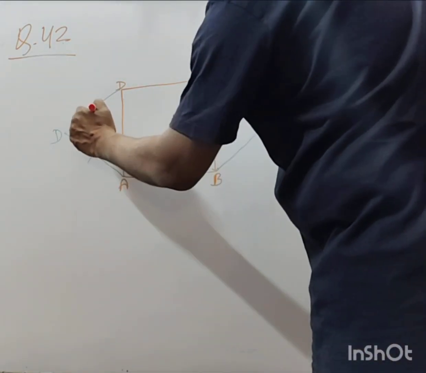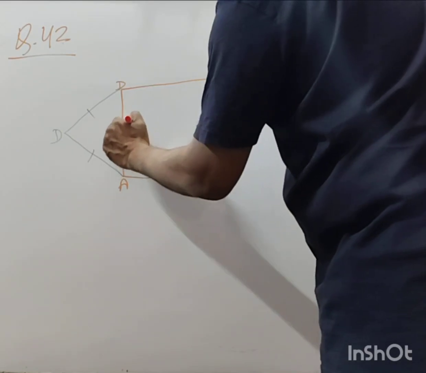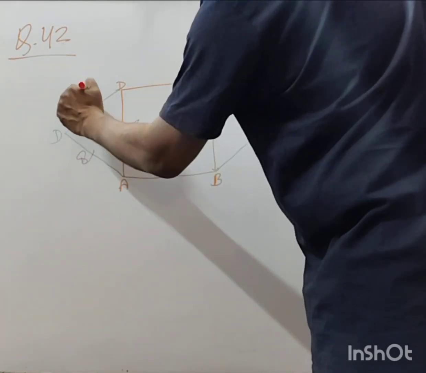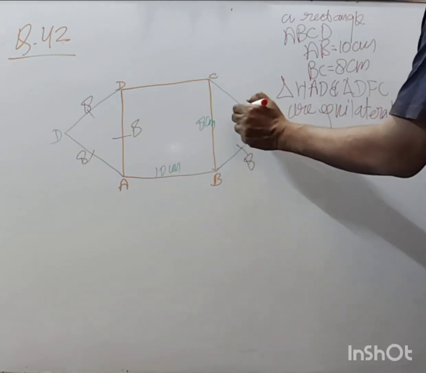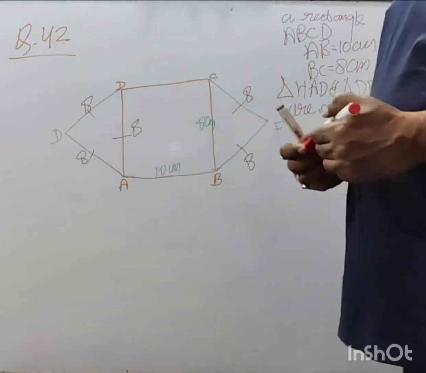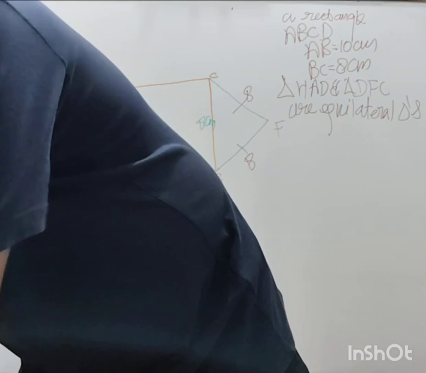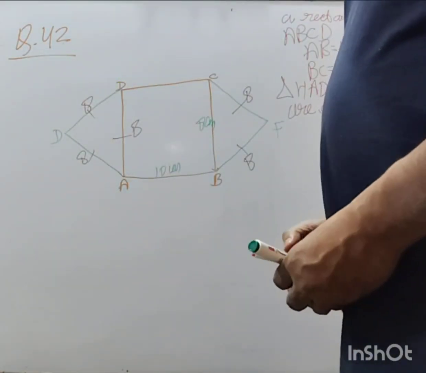So their sides are equal. This is 8, this is 8, this is 8. And it will also have 8. It is also having 8. And there is an isosceles triangle, right?